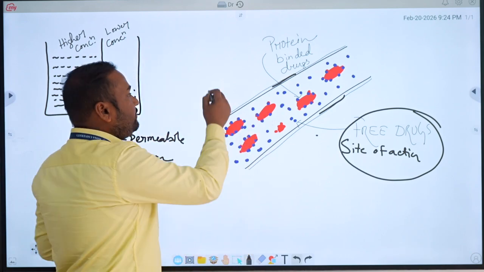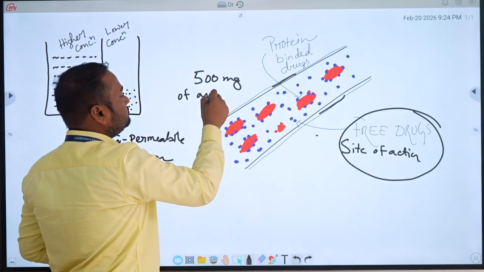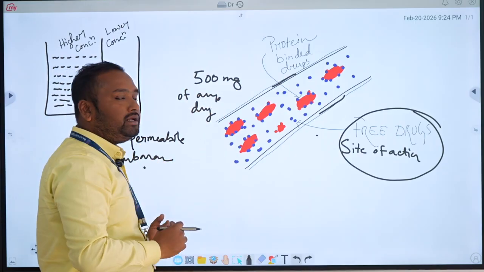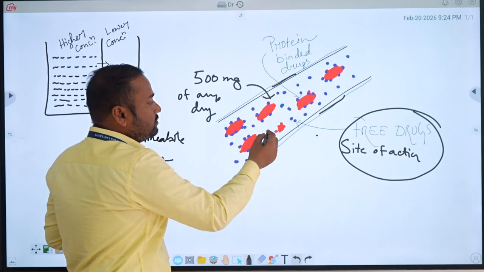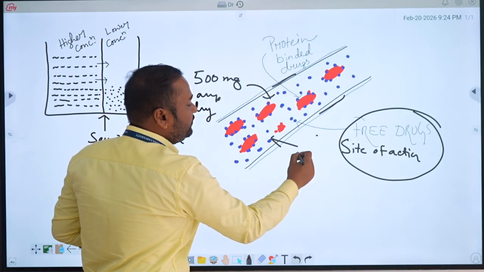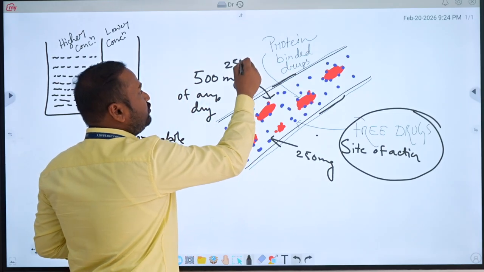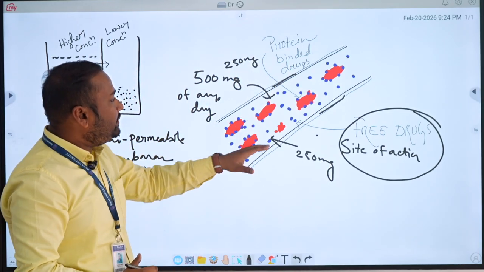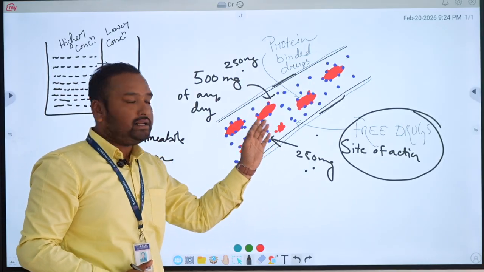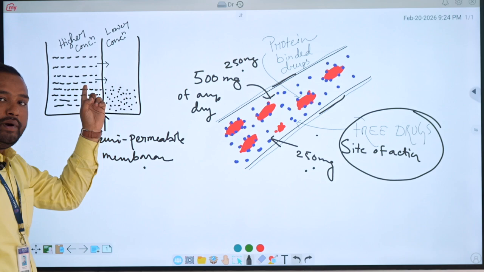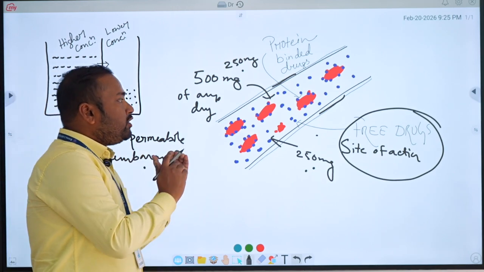For example, if we take 500 mg of any drug, it will permeate into our bloodstream. Take into consideration that 250 mg of drug gets into our bloodstream, and outside we have 250 mg. So there will be equilibrium, 250 mg outside and 250 mg inside. But as we know, the movement will always be from higher concentration to lower concentration, so here we cannot maintain the equilibrium.